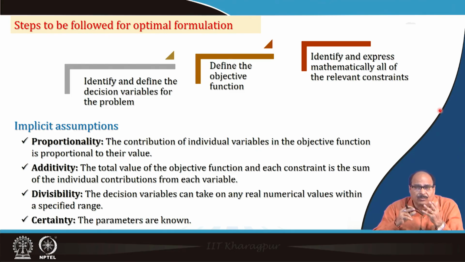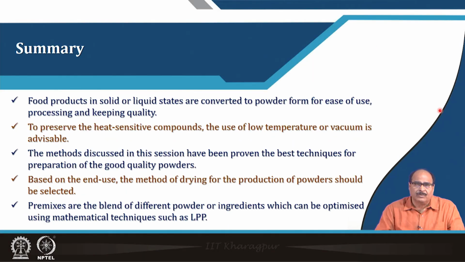Additivity, the total value of the objective function and each constraint is the sum of individual contributions from each variable. Divisibility, that is the decision variable can take on any real numerical values within a specified range, and finally certainty, that is the parameters are known. So, you give the desired input and get the required output.